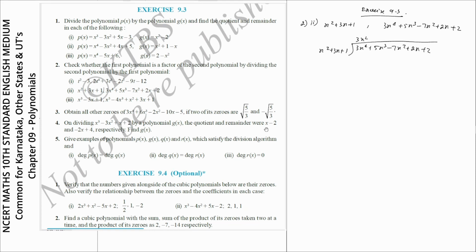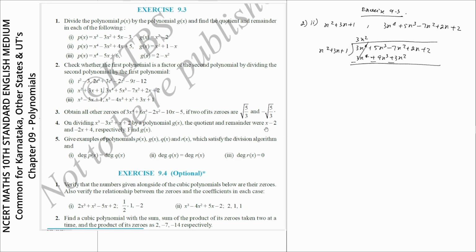So 3x square into x square is 3x power of 4. Then 3 3s are 9, 9x cube. Then 3 into 1 is 3. So plus 3x square.